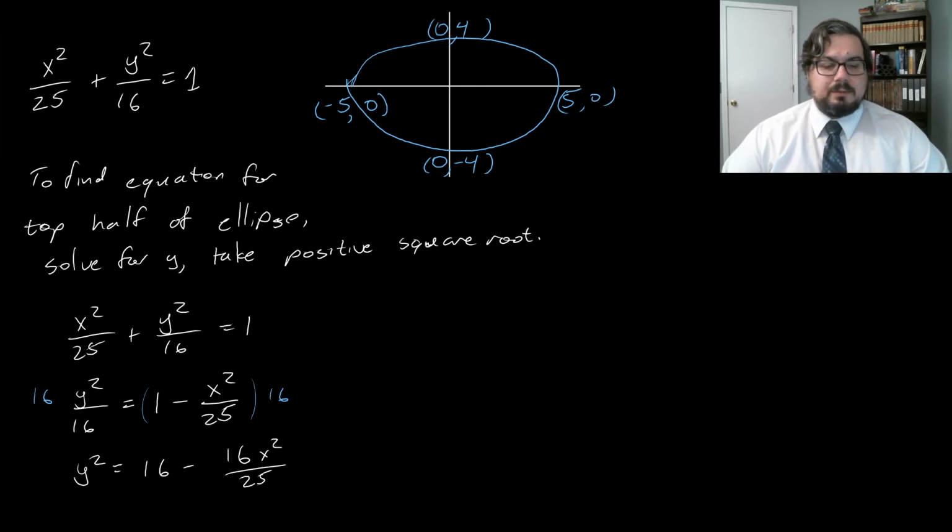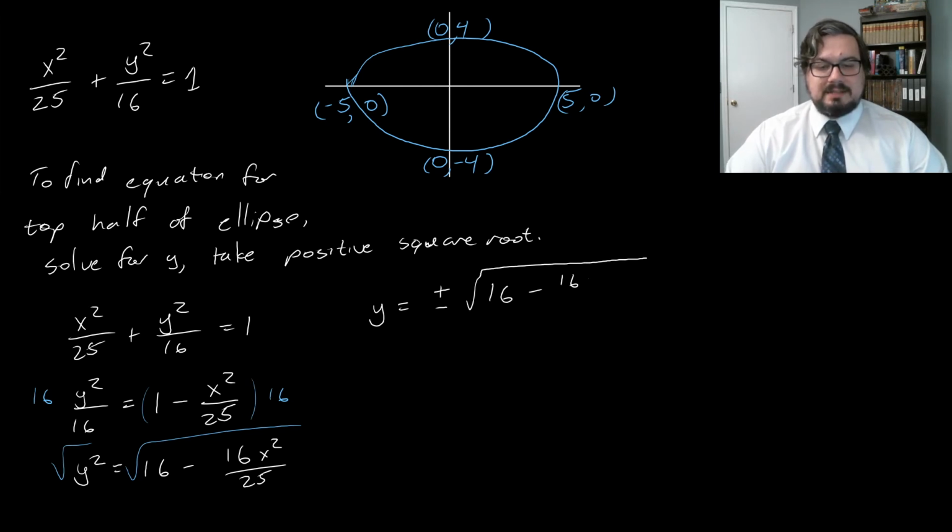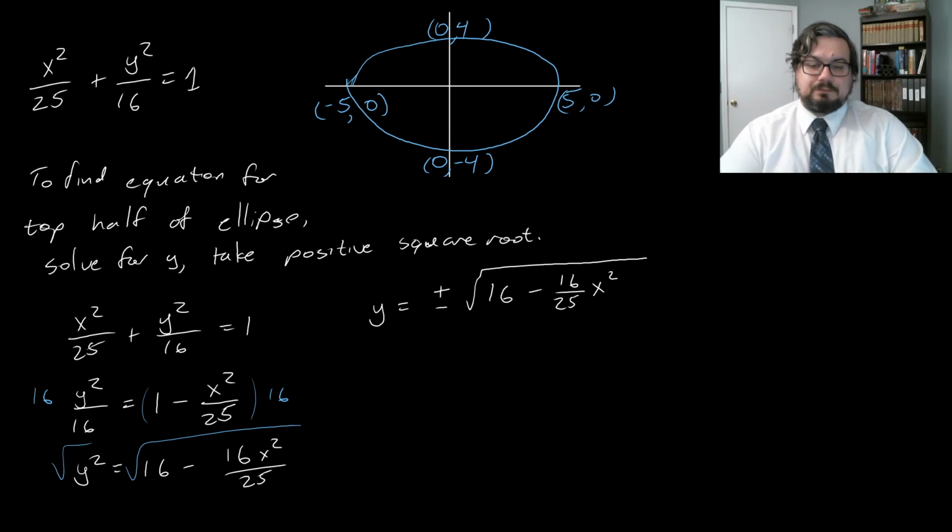And then we want to take the square root of both sides, but whenever we introduce the square root like this, we actually get y is equal to plus or minus the square root of 16 minus 16x squared over 25. All right, let me rewrite that a little bit nicer. 16 over 25 times x squared.